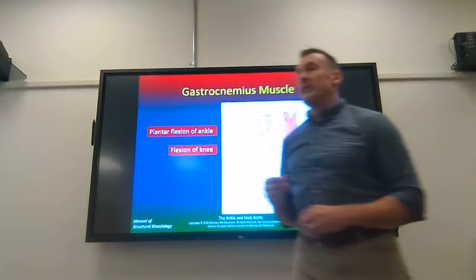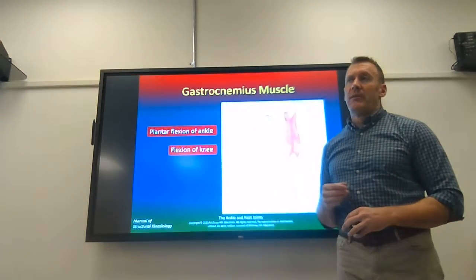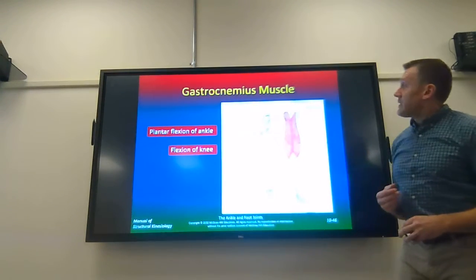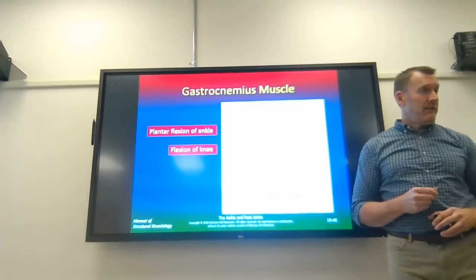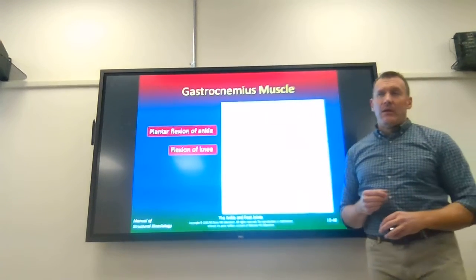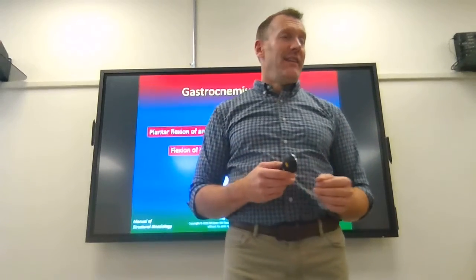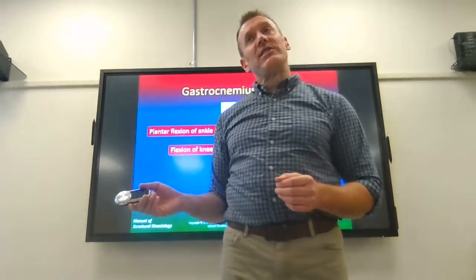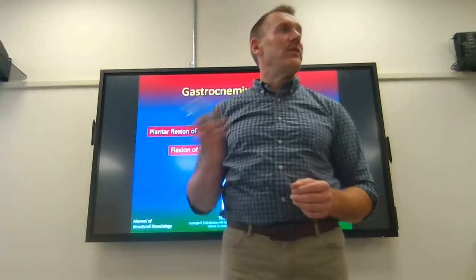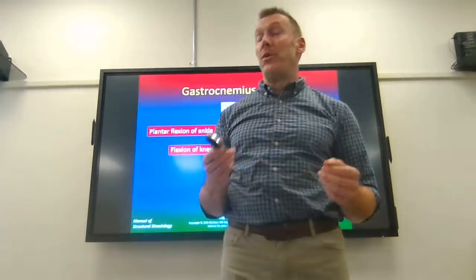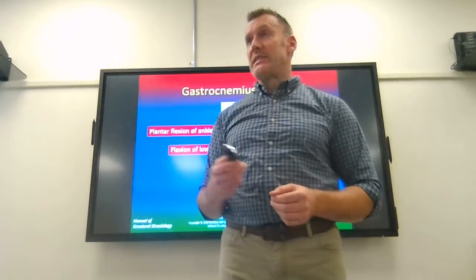We take the gastrocnemius out of that movement, primarily because the gastrocnemius is also a knee flexor. So what do we know about muscles that cross two joints? They can do one action at one joint or the other action at the other joint, but not both to the greatest extent at the same time.